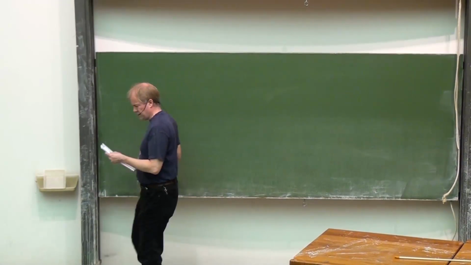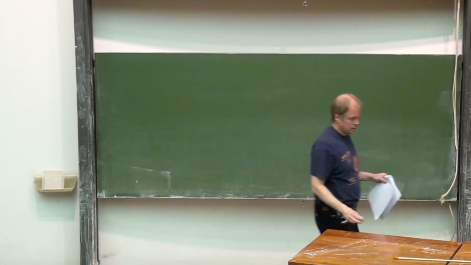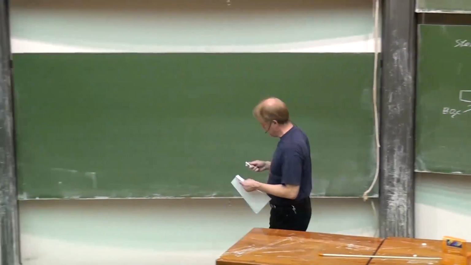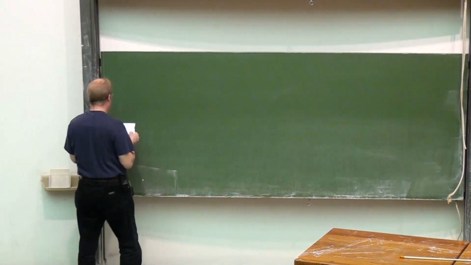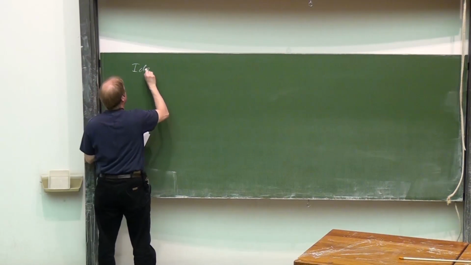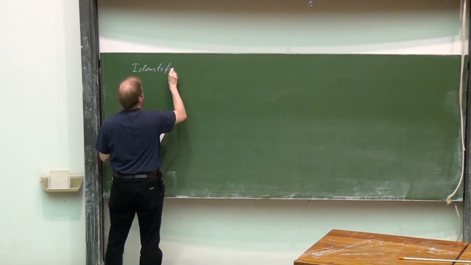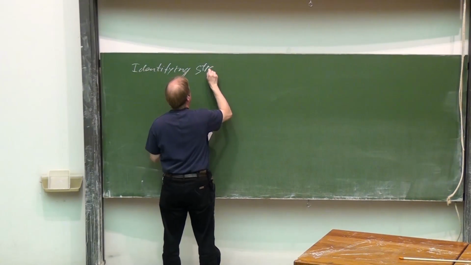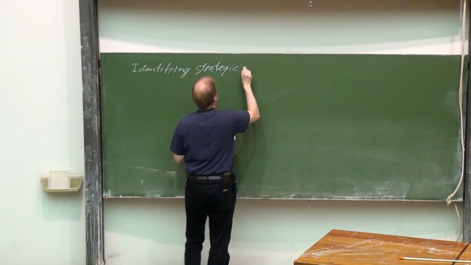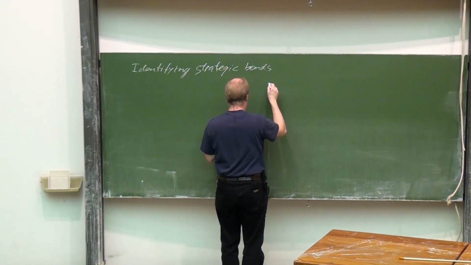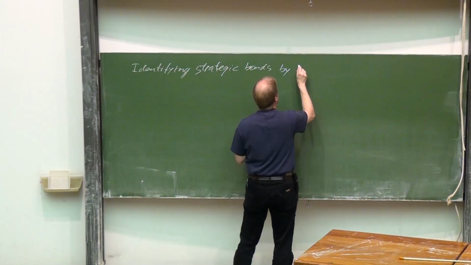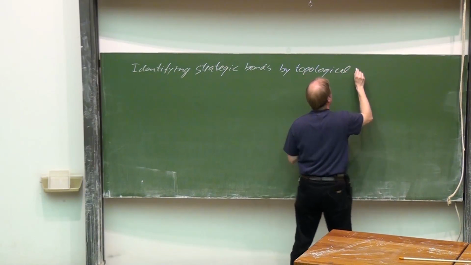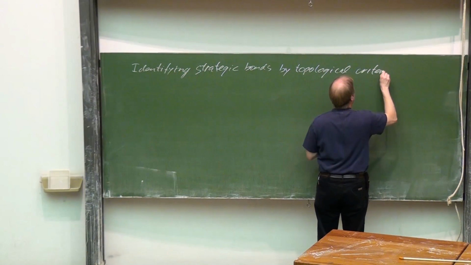So the next good idea in retrosynthetic analysis sounds a bit complicated: identifying strategic bonds by topological criteria.